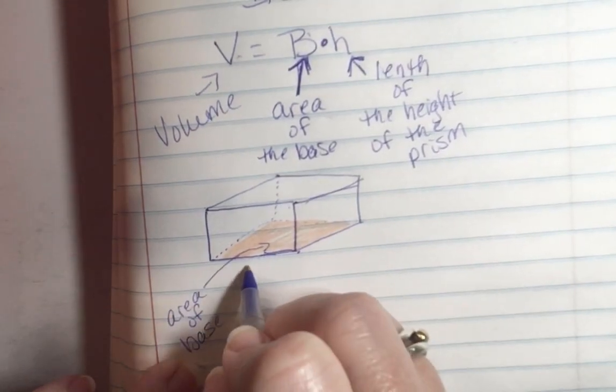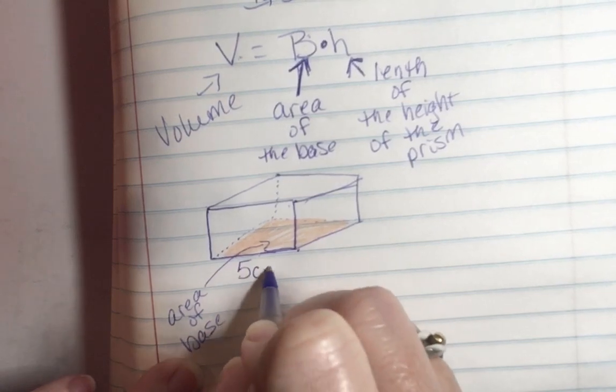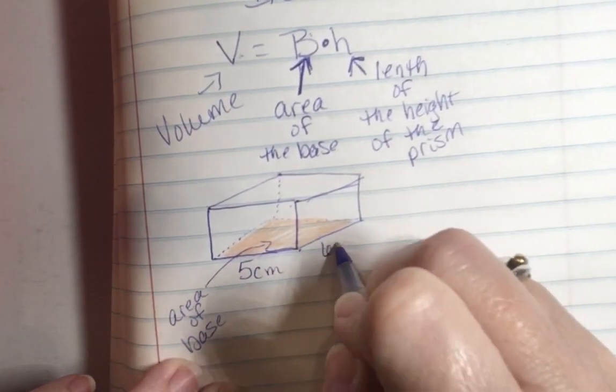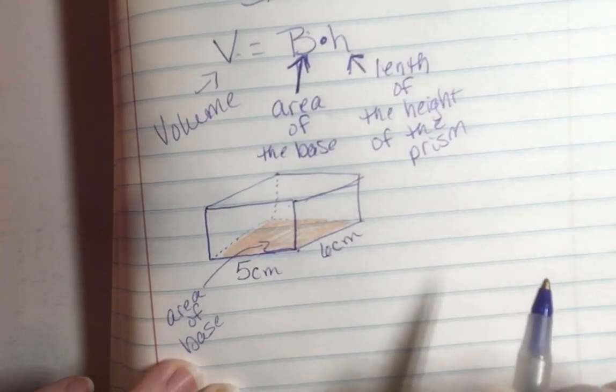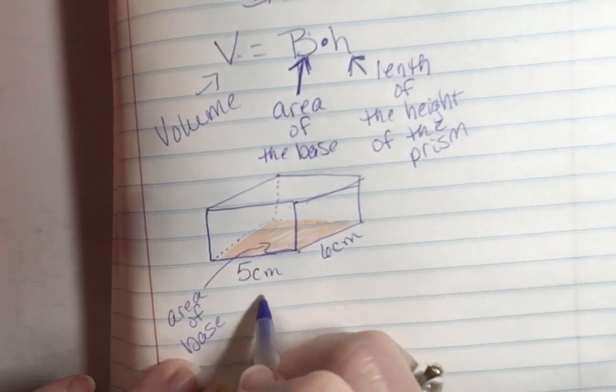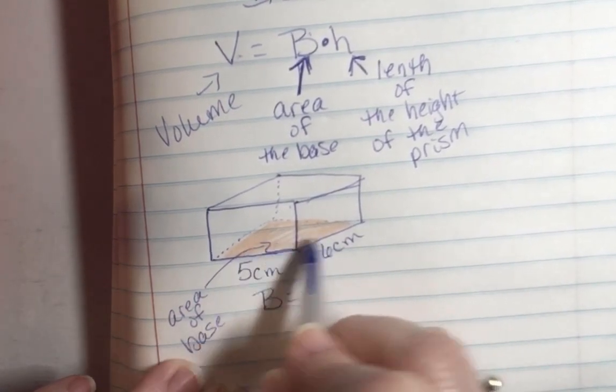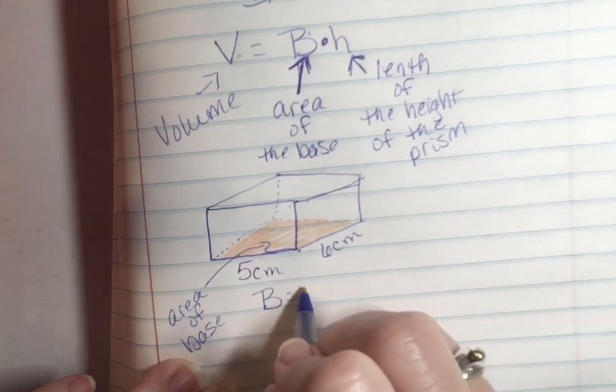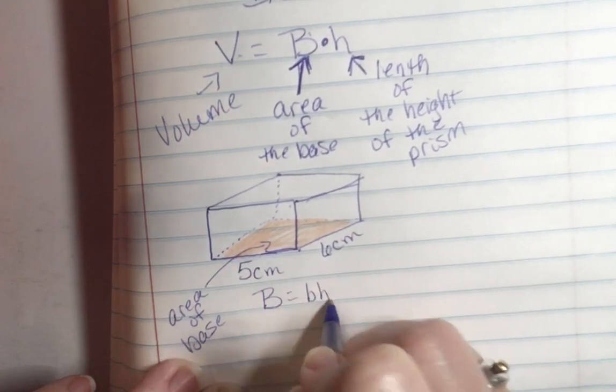So let's say that this side right here is 5 centimeters, and this side right here is 6 centimeters. So to find the area of that base, the base is a rectangle, right? So the area of a rectangle is base times height.